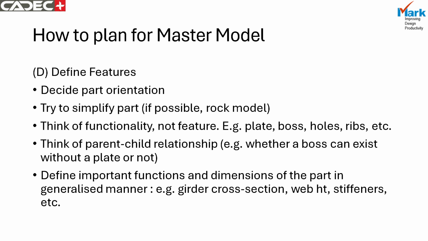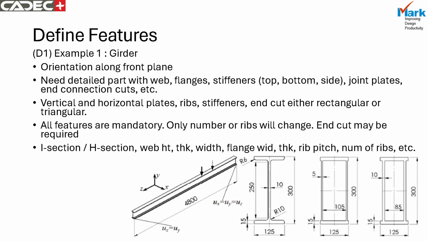After parts definition, we also need to think of the features in each important part. So we need to decide the part orientation, simplify the part if possible, then think of the functionality and not the feature. Think of parent-child relationship within the part, that is, which boss will be the parent or child of which plate, etc. We also need to think of dimensions of important features.